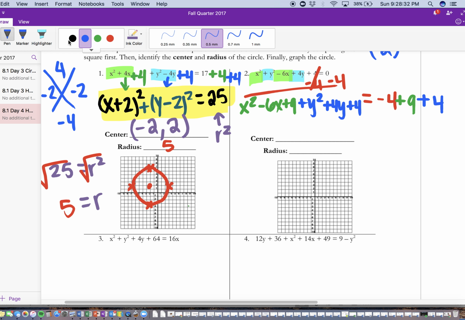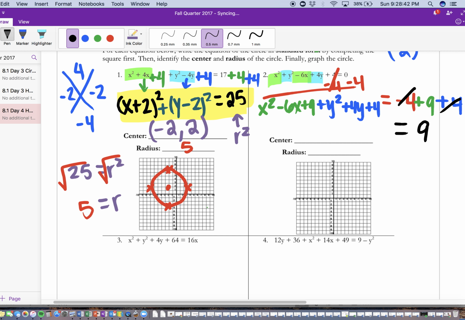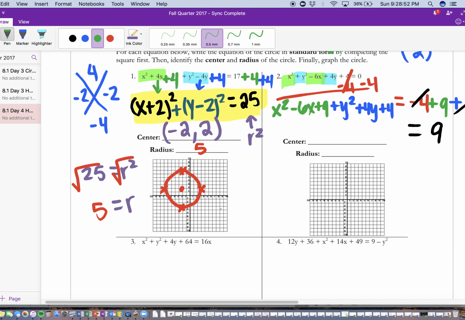Now, on the right-hand side, I have negative 4 plus 9 plus 4. Well, these cancel, so I'm left with just 9 on the right-hand side. On my left-hand side, I'm looking for my perfect square binomials, okay? So here, x squared minus 6x plus 9. Well, we can do the cross, right?